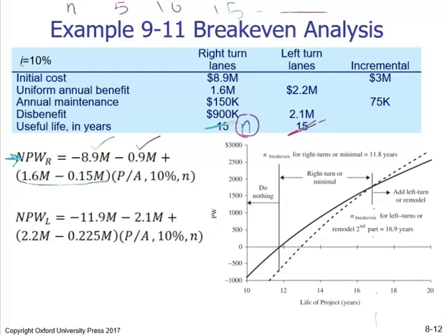It is net present worth. So when it says that in this range right turn is selected, it means that right turn has higher return. The solid line is right, and the dashed line is left.